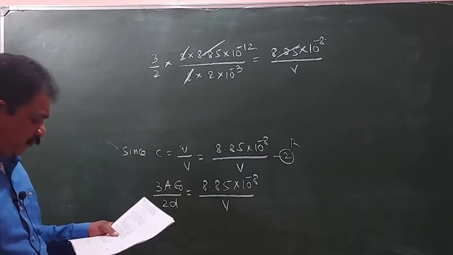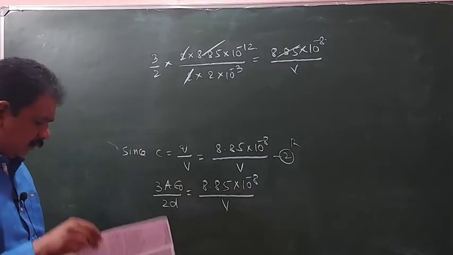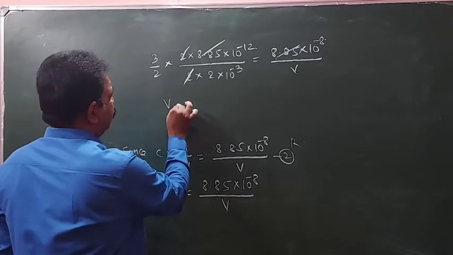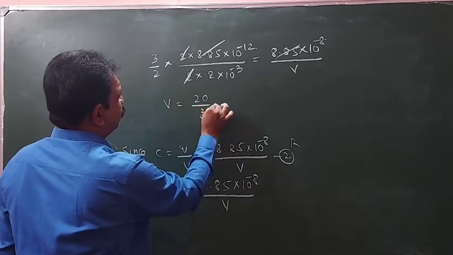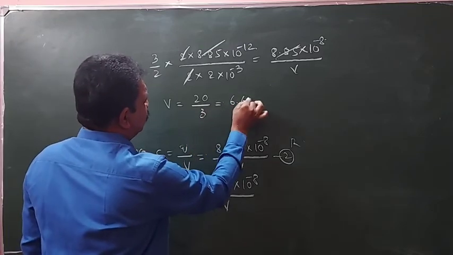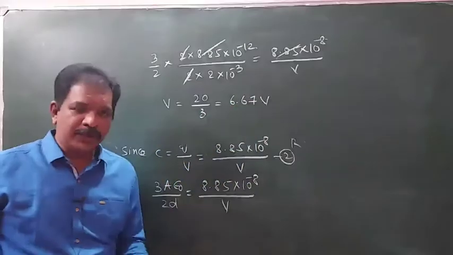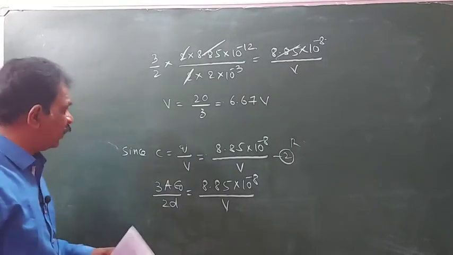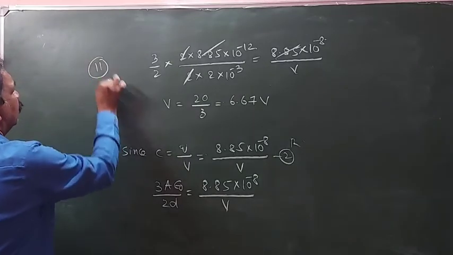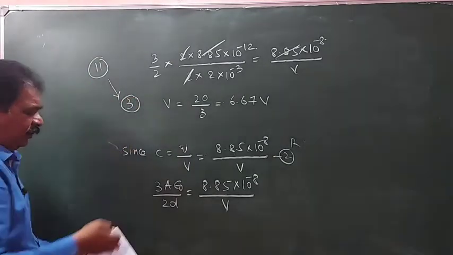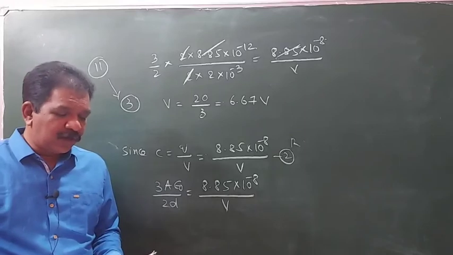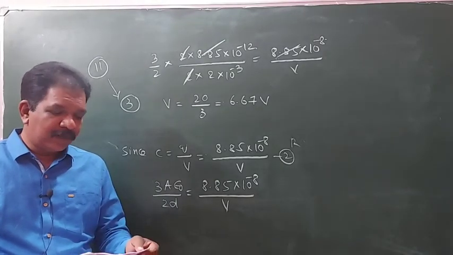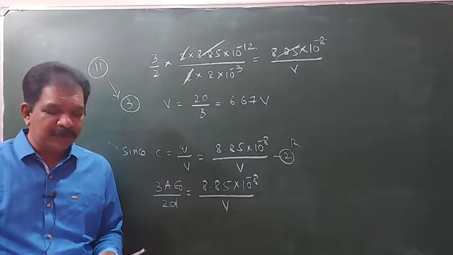So finally we will get V value as 20 by 3. So 6.67 volt. Clear? That is the V value. So question number 11, the option will be 3.